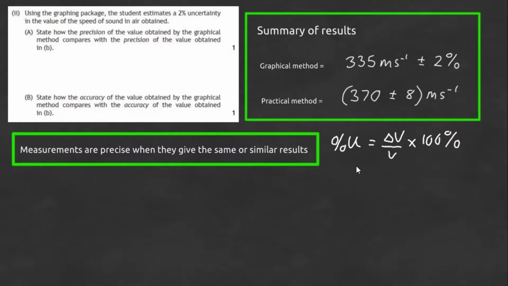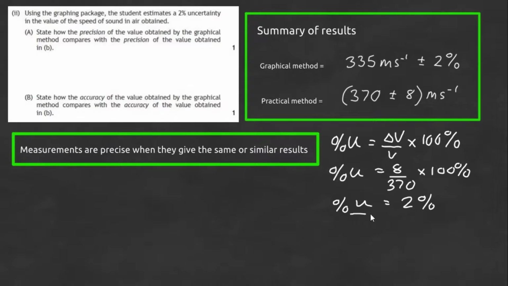So the percentage uncertainty is equal to 8 divided by 370, multiplied by 100. In our calculator, we get 2.1%, which we'll reduce to about 2%. So you can see that both are given 2%.